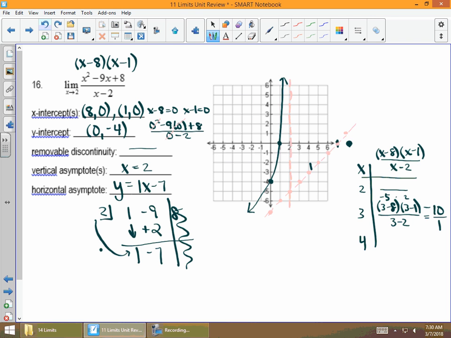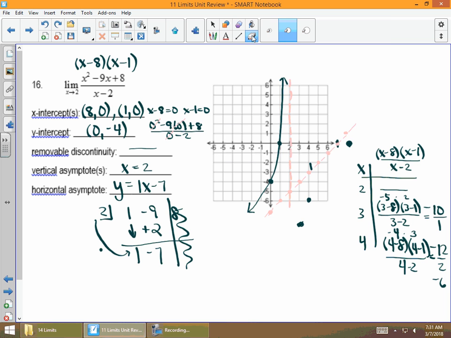So it's going to be way down. And let's see what's happening at 4. Same deal. 4 minus 8 times 4 minus 1 over 4 minus 2. 4 minus 8 is negative 4. 4 minus 1 is positive 3, so that's negative 12 over 2, which is negative 6. So at 4, my y value is negative 6.